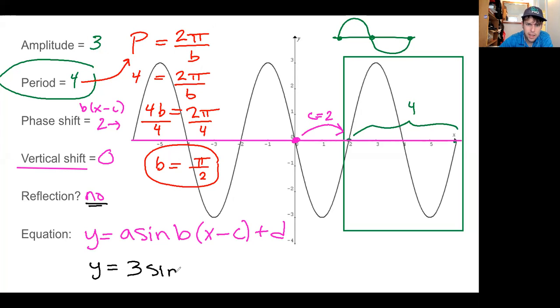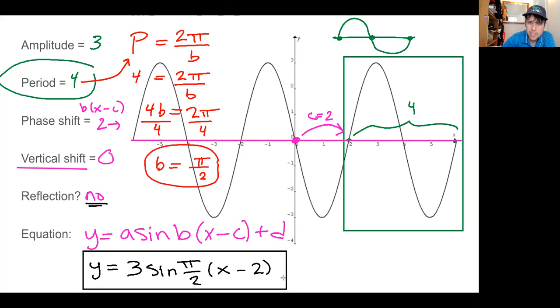And it'll be sine. Our b value we found was pi over 2. And then x minus c, we moved to the right 2, so it's going to be minus 2. And then there was no vertical shift. So we could write plus 0, but that's silly. We don't need to write that. Adding 0 to something doesn't do anything. So this would be the equation for this particular section of the sine curve.